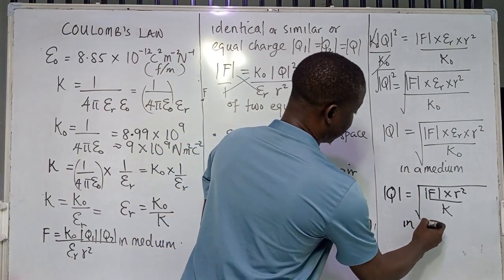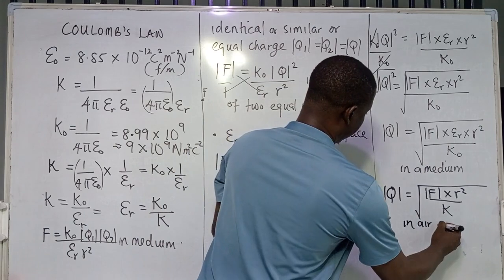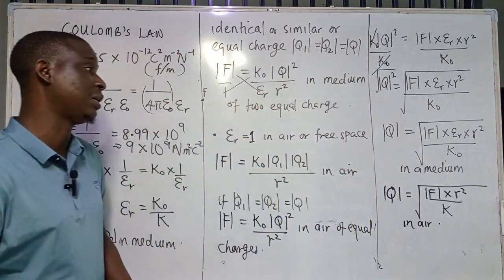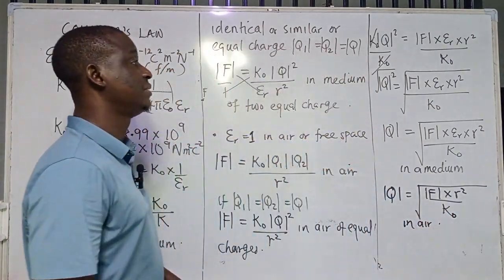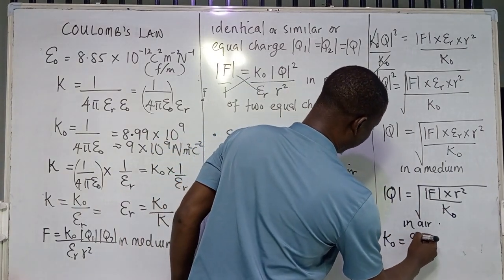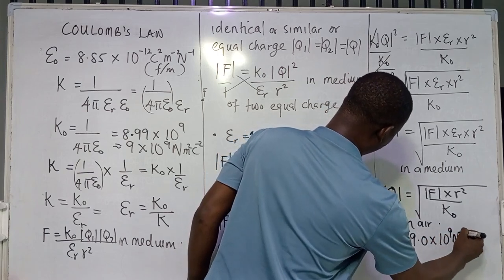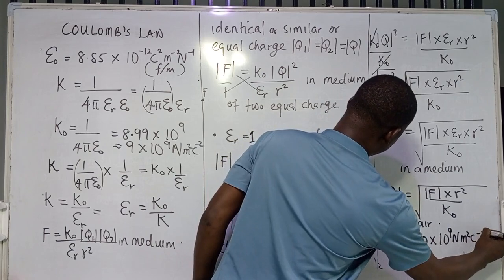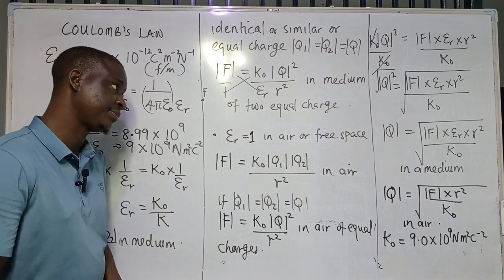This one is to calculate charge in air. And don't forget your K naught still remains approximately 9.0 times 10 raised to power 9 newton meter squared per coulomb squared. That is your unit.